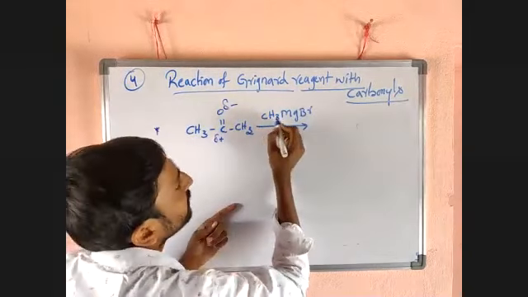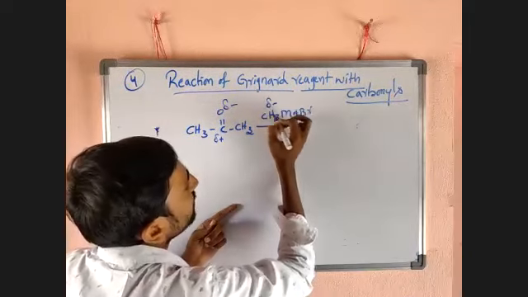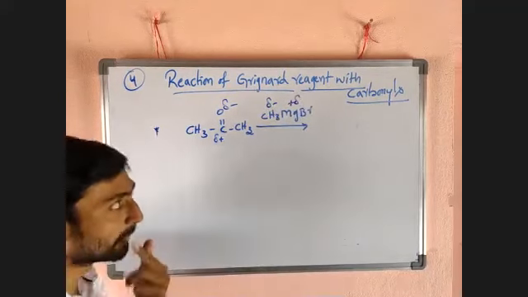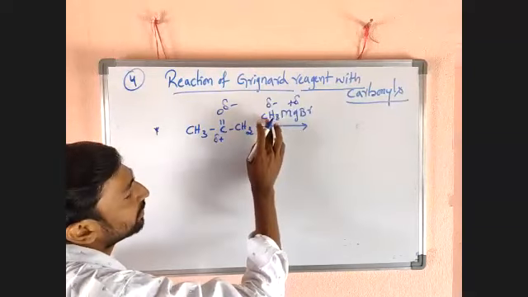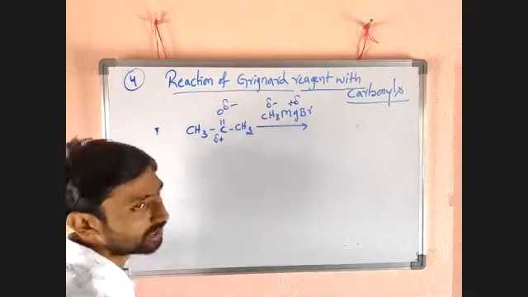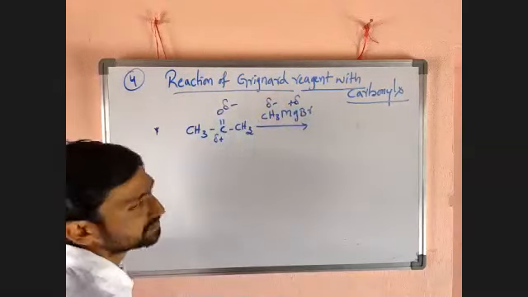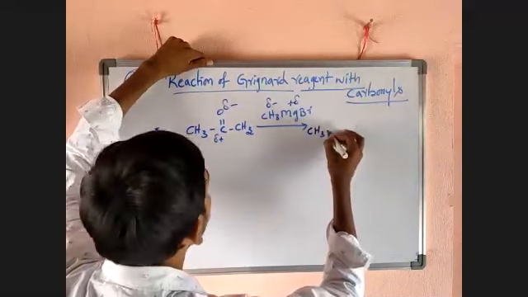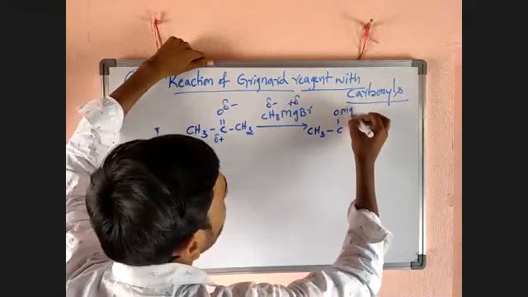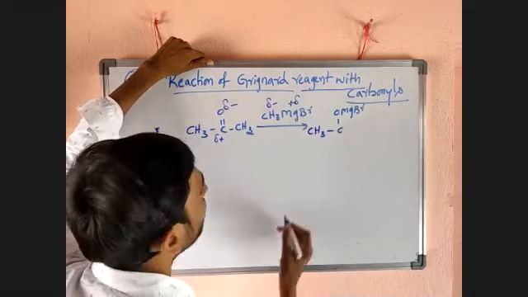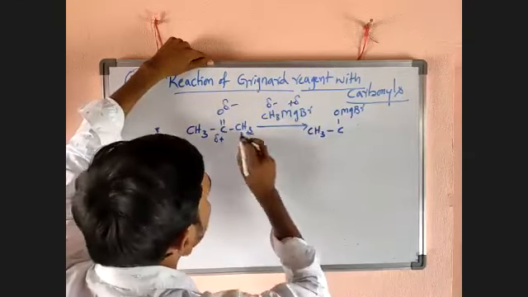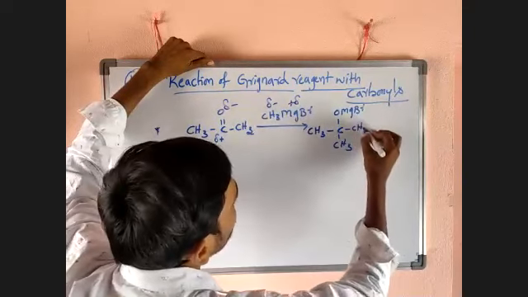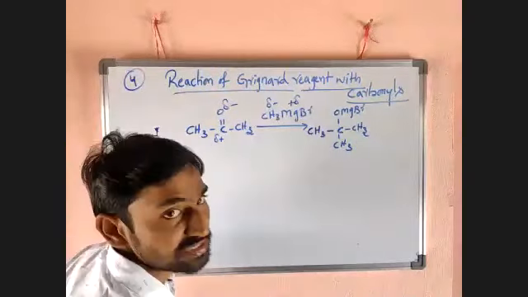I told you in the Grignard reagent, CH3 gets a negative charge and Mg gets a positive charge. Now this negative part attaches to the positive part, and the positive part attaches to the negative part. Then the intermediate we get is CH3, C, O-MgBr, with the newly added CH3.